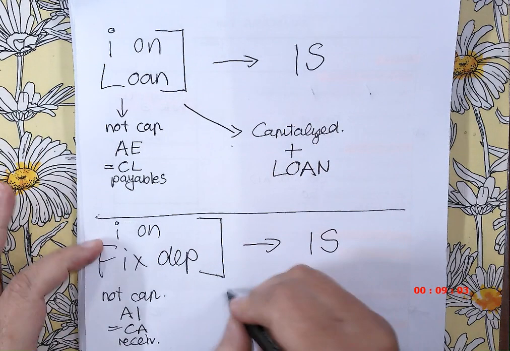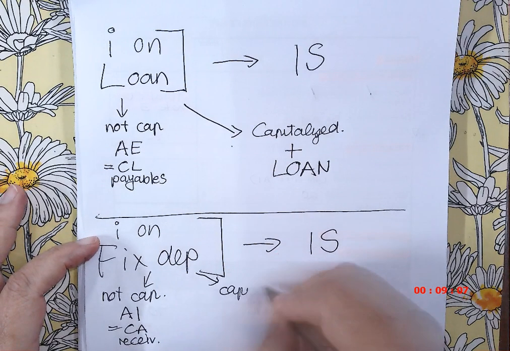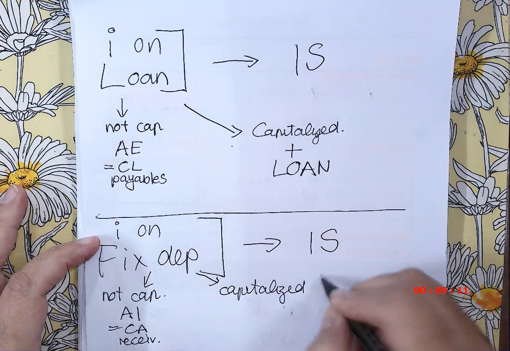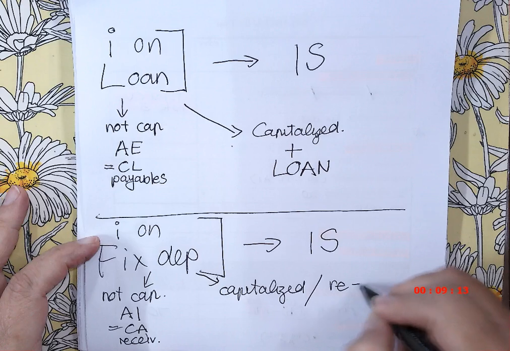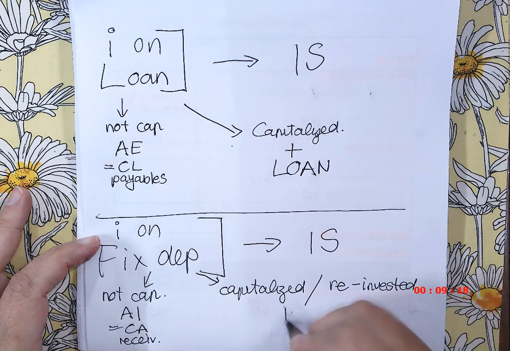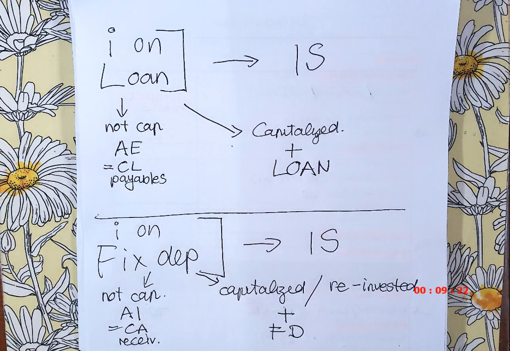If it is capitalized, or if they don't use the word capitalized, they say it's reinvested, then you're going to add it to the fixed deposit. And that's the simple thing about it.